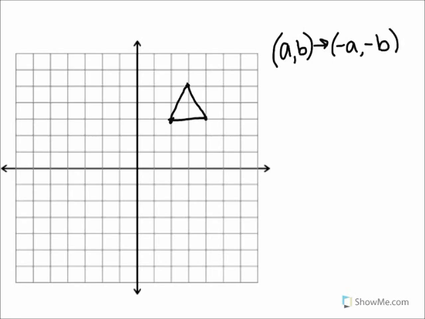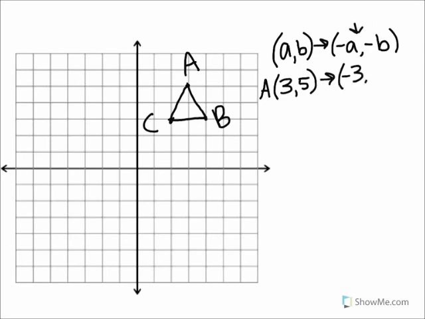This point will be A, this point will be B, and this point will be C. A is (3, 5). Going through the coordinate rule, A will become (-3, -5).